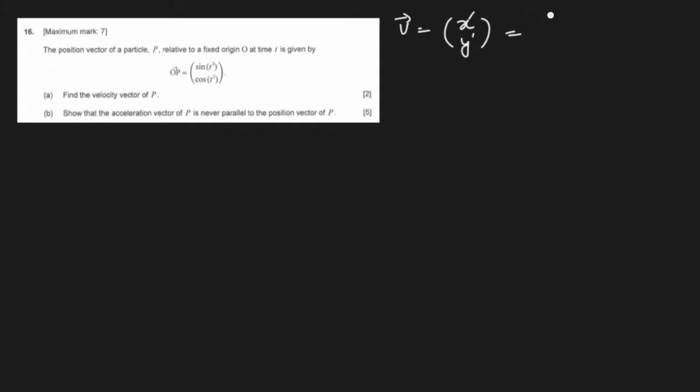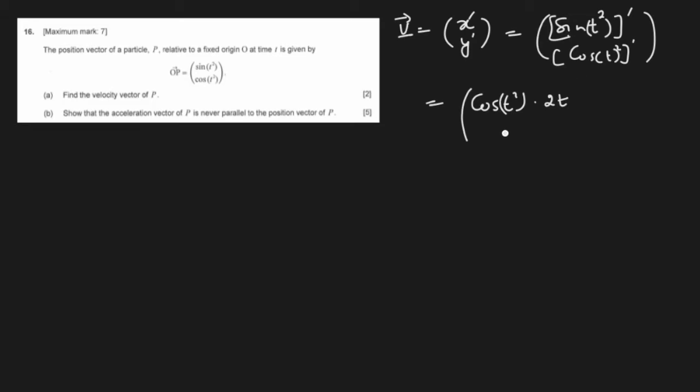Basically, in other words, sine t squared, differentiate this, and cos t squared, differentiate this. This will be the velocity vector. So sine t squared will be differentiated as positive cos t squared multiplied by the differentiation of the angle, which is 2t.